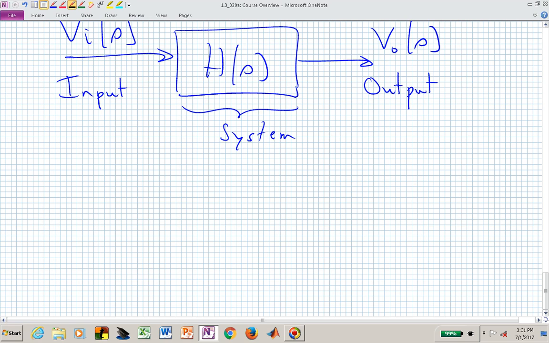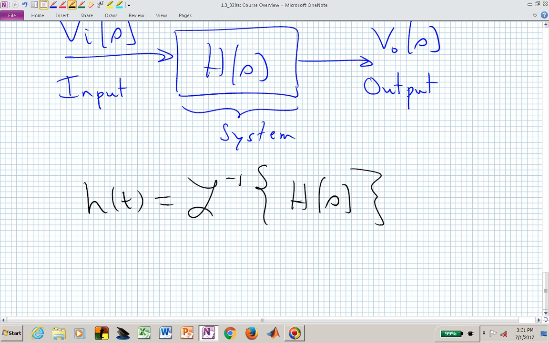We'll also want to get comfortable going back and forth in terms of the time domain behavior of the system. And we can talk now about an impulse response, which is going from the frequency domain or transfer function description of our system, capital H of S, through what we will now call an inverse Laplace transform to produce this impulse response, lowercase h of t.